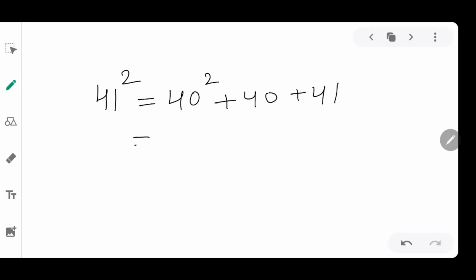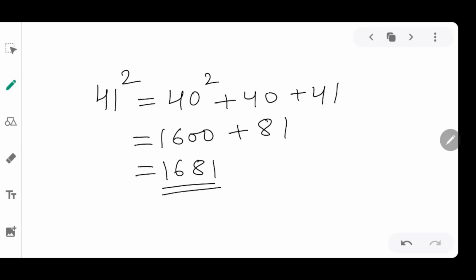Similarly, now let's take one more example. 41 square is equal to, the closest number is 40 square. As you know, 40 is less than 41, so we will add in this. What we are going to add? 40 and 41. So what I will get? I will get 1600 plus 81, that is equal to 1681.